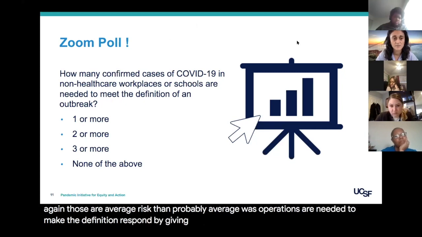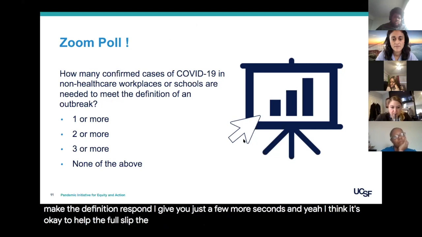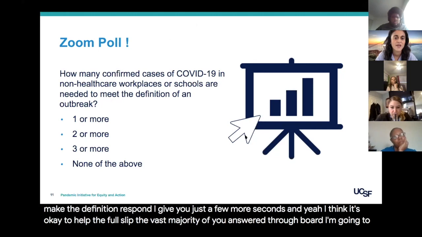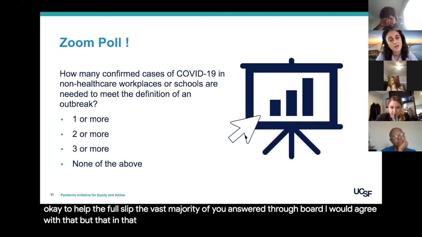I'll give you just a couple more seconds. And yeah, I think it's okay to halt the poll. So the vast majority of you answered 3 or more, and I would agree with that. In that setting, where we have an average risk population, we'd use the definition of 3 or more cases. Okay, next slide.